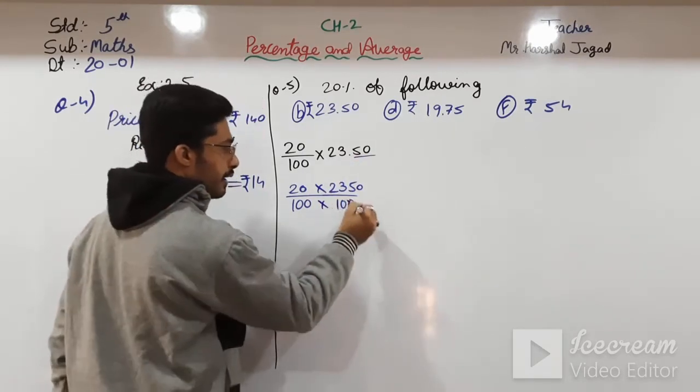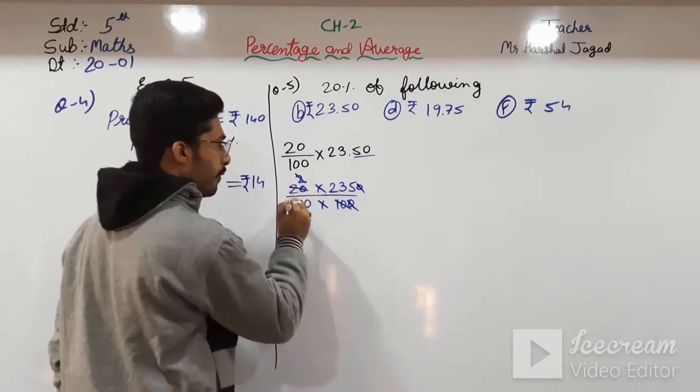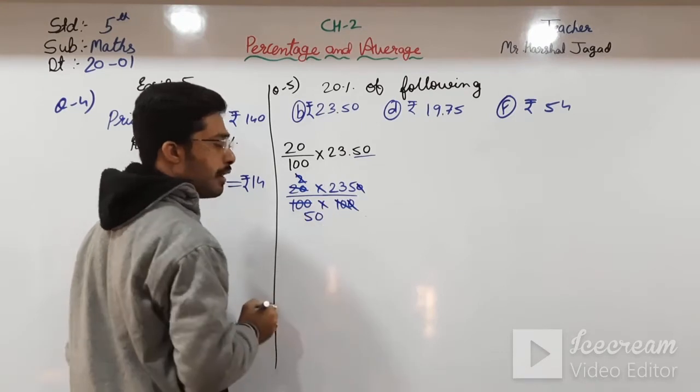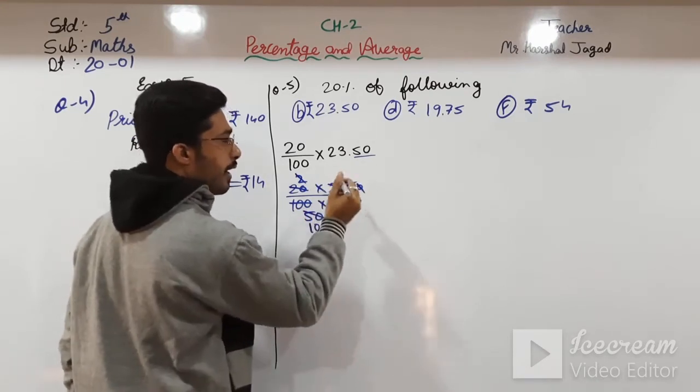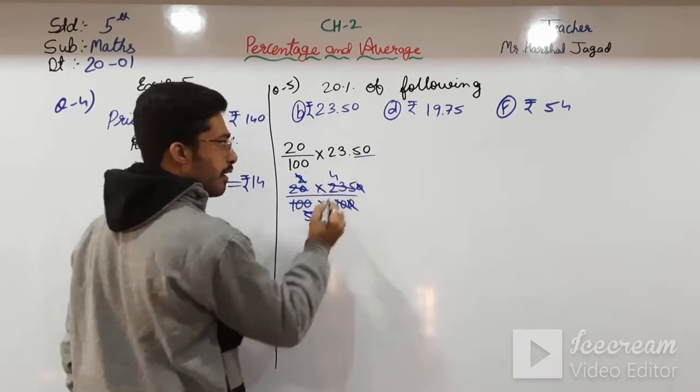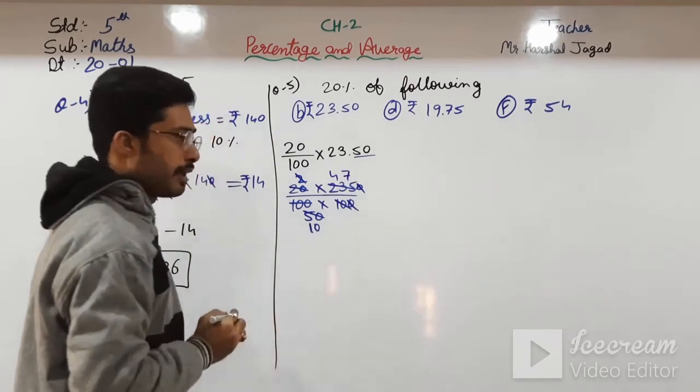So 10 2s are 20, and 5 4s are 20, 5 7s are 35.